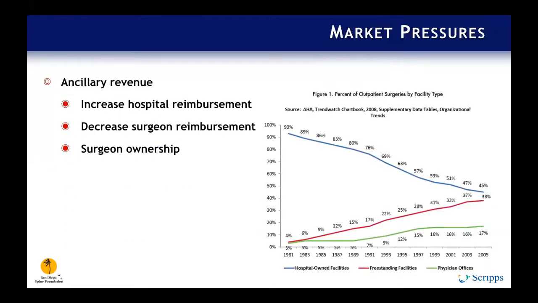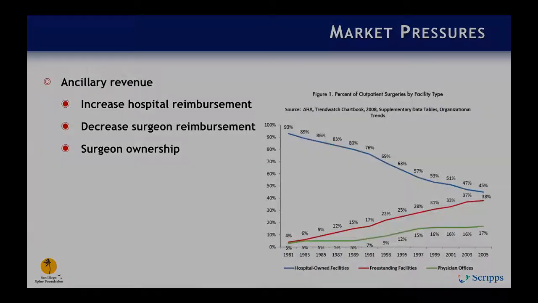I think we have to take into consideration an increase in the hospital reimbursement, decreased surgeon reimbursement, and surgeon ownership, which are all factors. But as there's a trend toward taking these surgeries to an outpatient center, we have to consider the indications for the patients as well as the surgical procedures that we can do for neurogenic claudication and lateral recess stenosis.